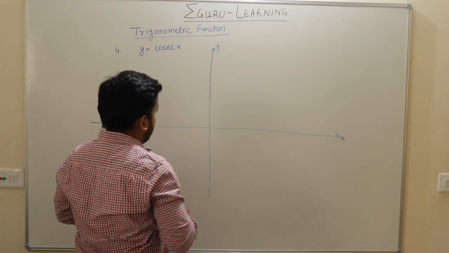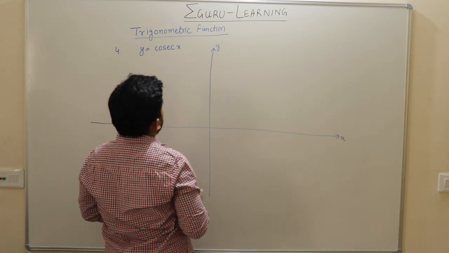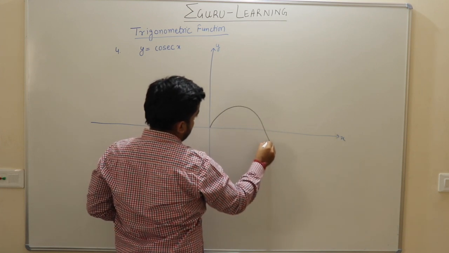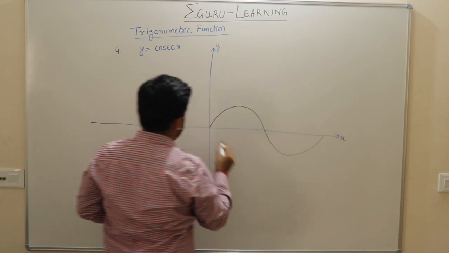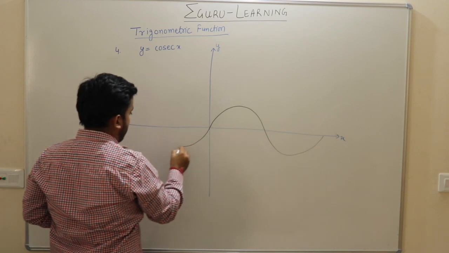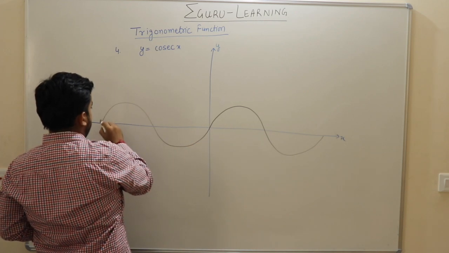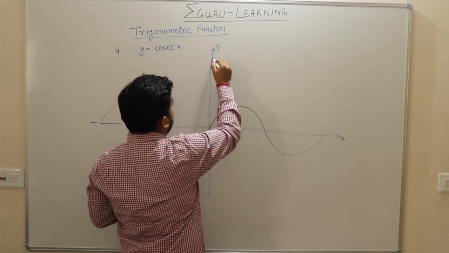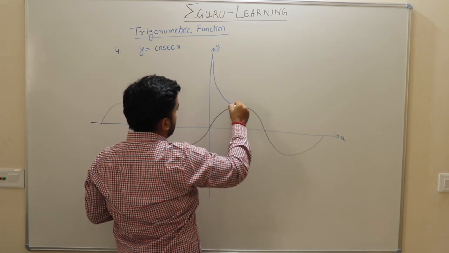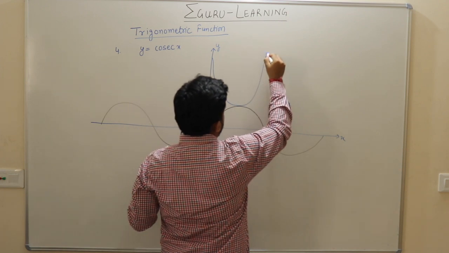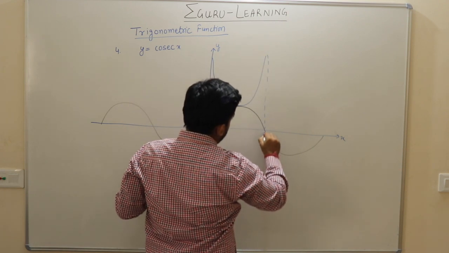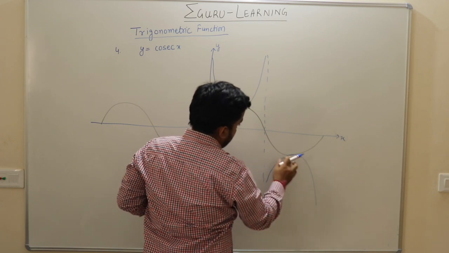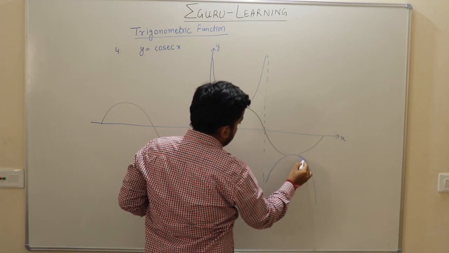Okay. Now to draw the graph of cosecant x, let us first draw the graph of sine of x. Okay, now the inverted graph that is in blue, this will only touch here.